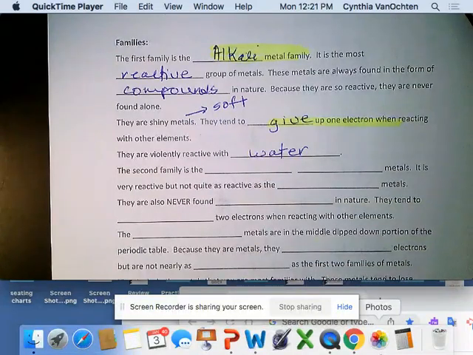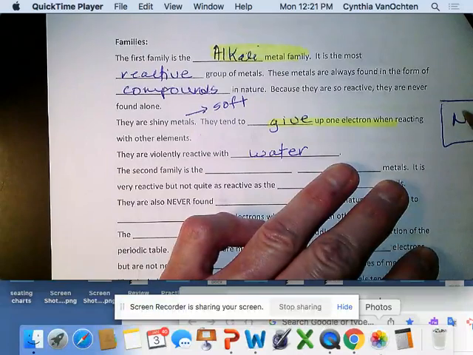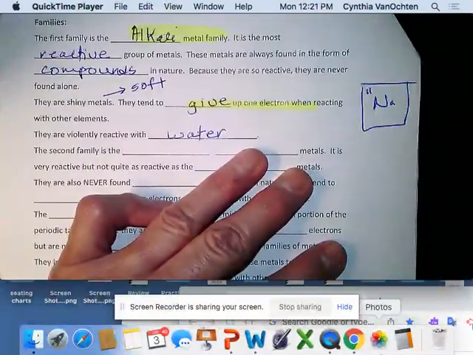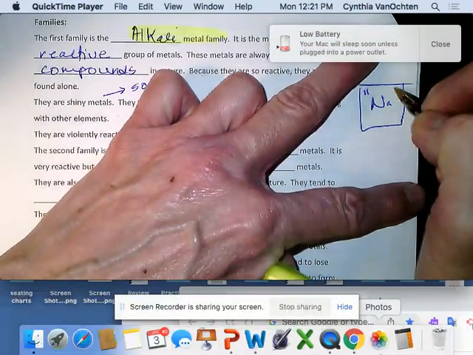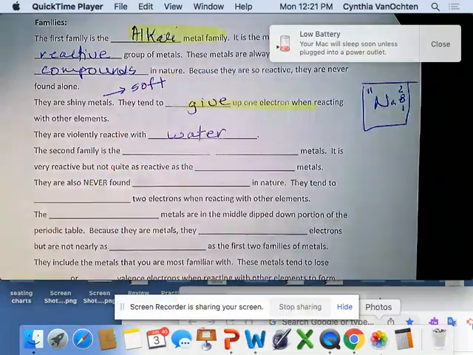So, for example, if we look at something like sodium, its atomic number is 11. If you look on the periodic table, it has 2 electrons in the first ring, 8 in the second, 1 in the third.